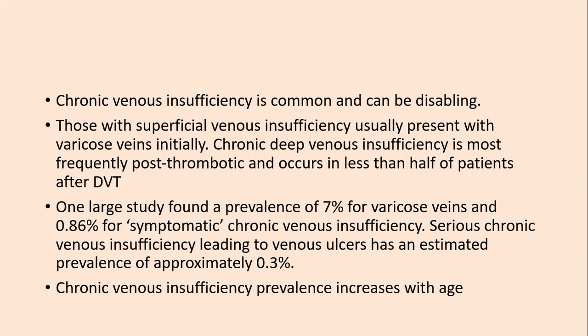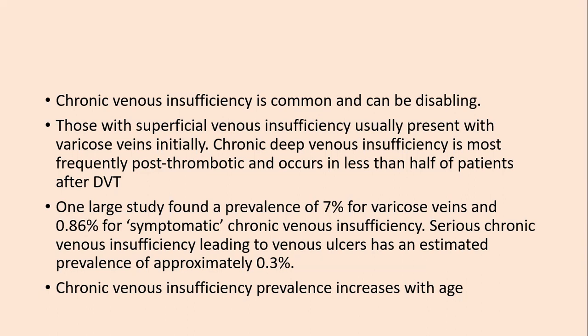Large studies found a prevalence of 7% of varicose veins and 0.86% of symptomatic chronic venous insufficiency. Serious chronic venous insufficiency leads to venous ulcer, which has an estimated prevalence of 0.3%.